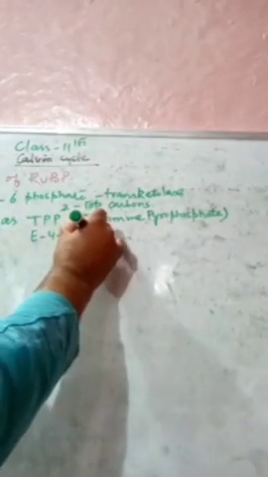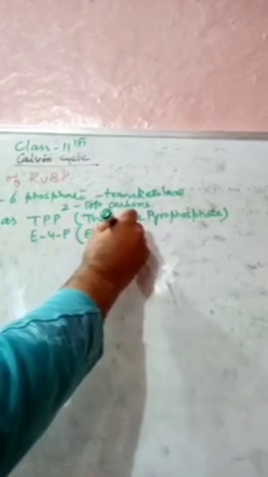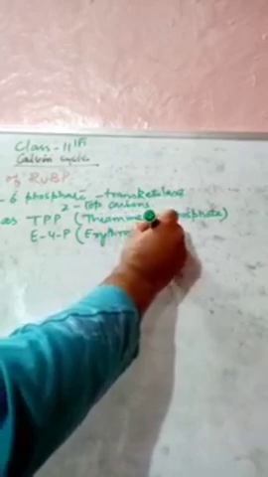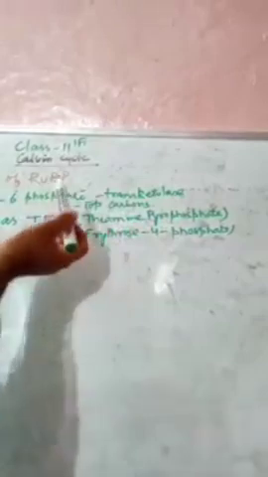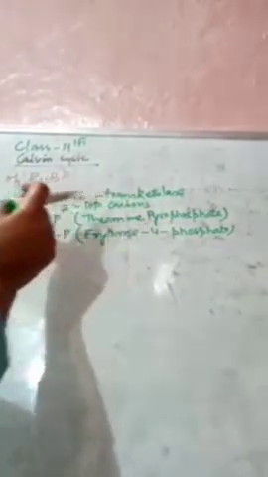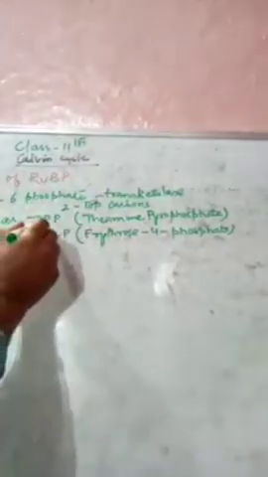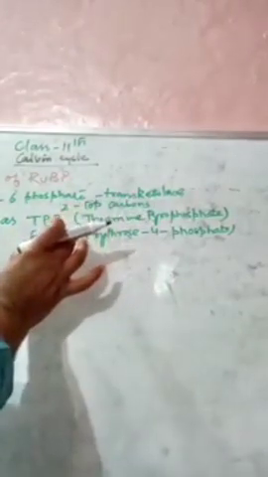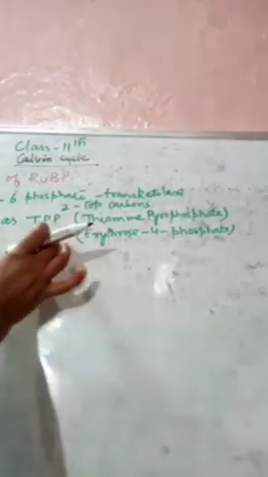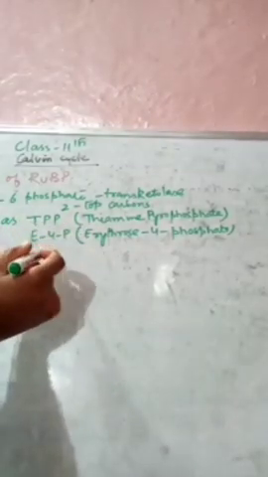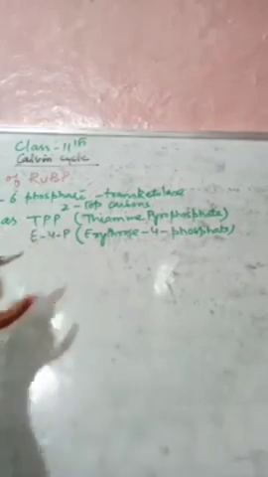It is erythrose 4-phosphate. So this F6P undergoes the transketolase reaction, and during this reaction, two top carbons are removed as TPP, thiamine pyrophosphate, and the second one is E4P, which is called erythrose 4-phosphate.